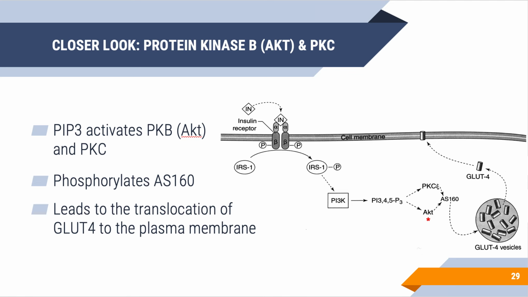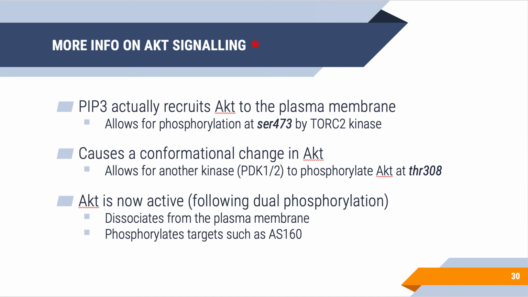Now we see that there's an asterisk on PKB or AKT here. What's important about that asterisk is that AKT doesn't just directly act on AS160. It's a little bit more complicated than that. If we delve into it a little further, PIP3 recruits AKT to the plasma membrane.